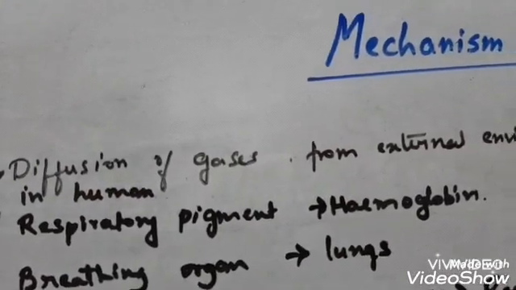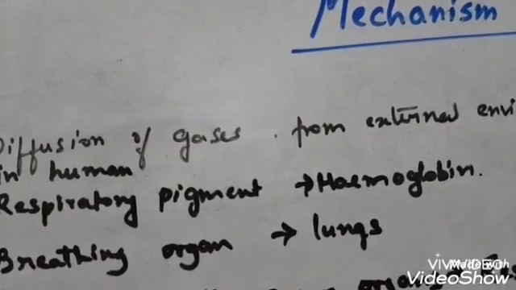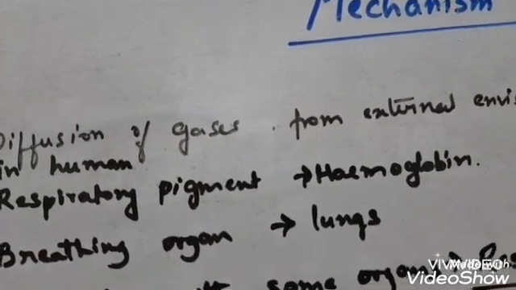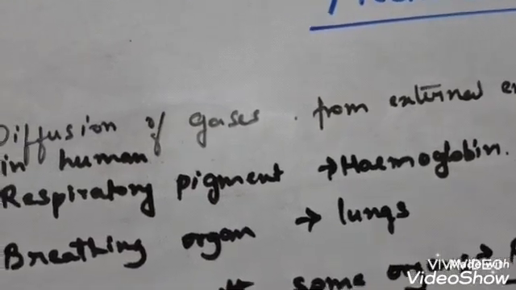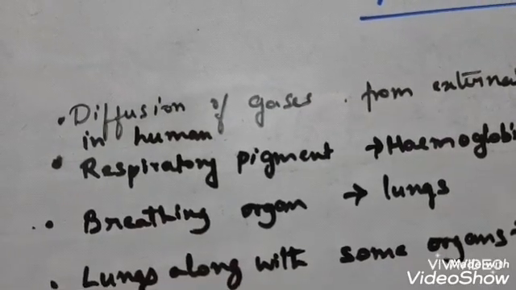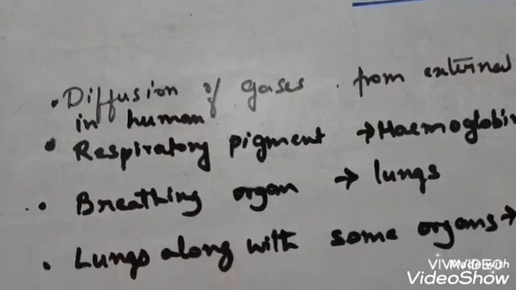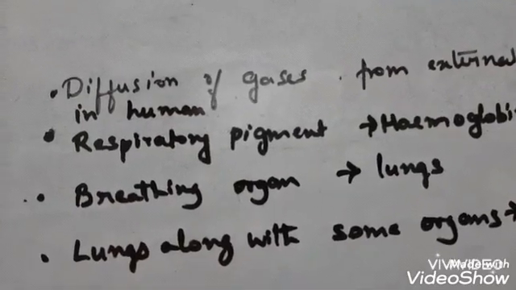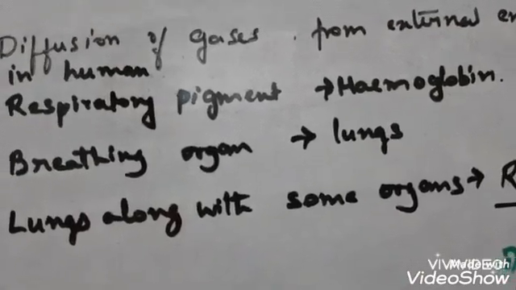Now what does hemoglobin mean? Globin is a type of protein which is bound to heme. Heme means iron. So iron-bound globin protein is called hemoglobin, which is the respiratory pigment in human beings. Clear? Now this respiratory pigment binds with the oxygen and transports it to the various cells. That part is the next part of the mechanism of breathing that I will tell you later.